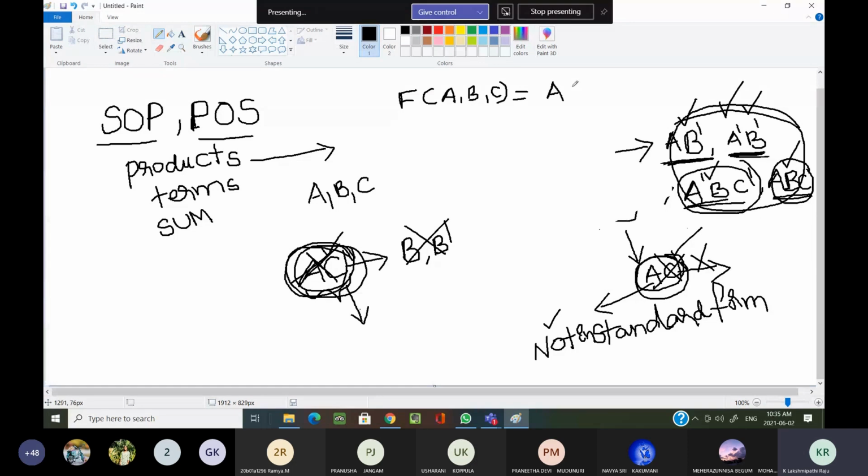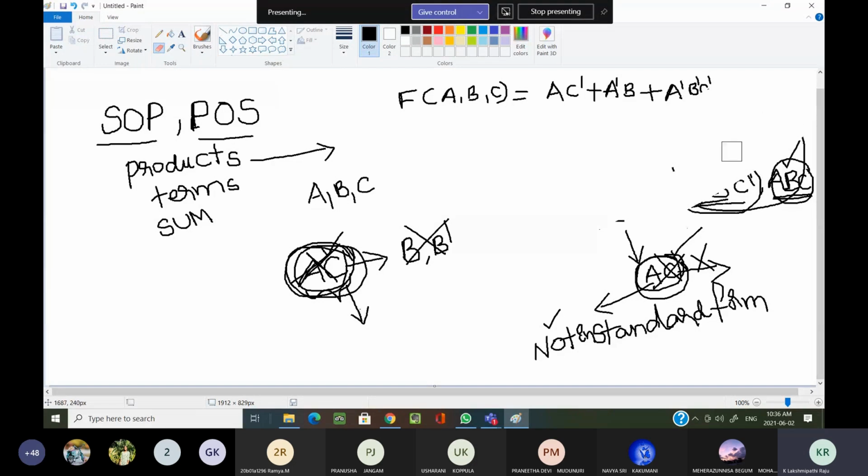AC dash plus A dash B plus A dash B dash C dash. Okay, now I have written one example.